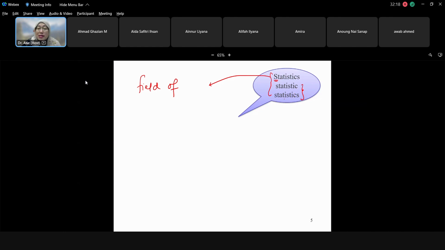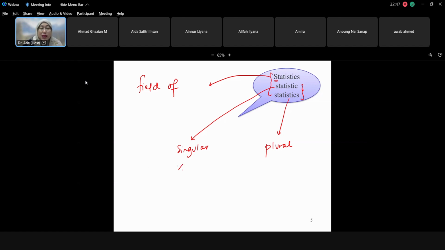And these other ones, statistic and statistics, are information that we get from a sample. Statistic will be singular if we have one piece of information, and statistics will be plural when we have a lot of information from the sample. For example, we can say the statistic shows that, and maybe it refers to the mean.